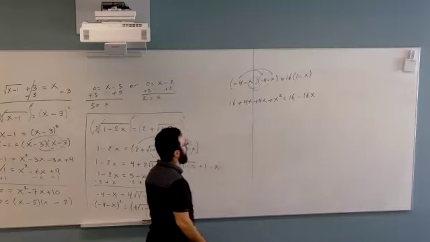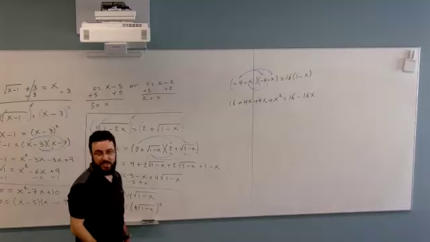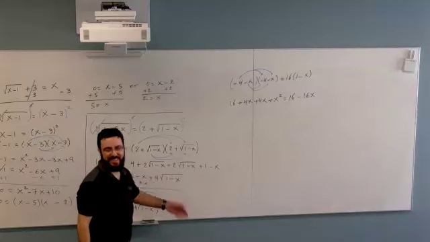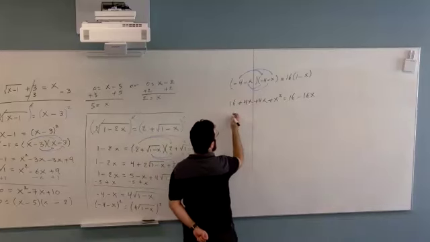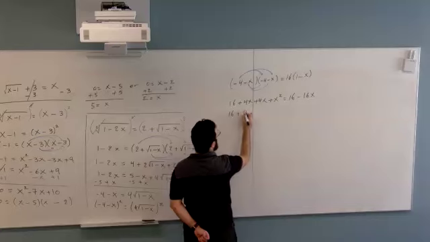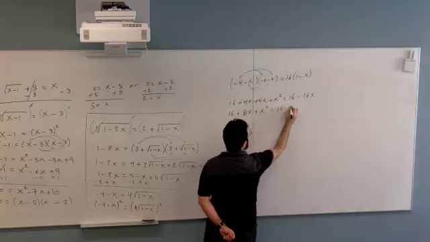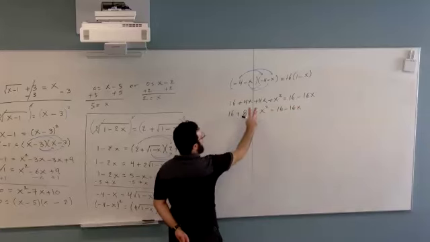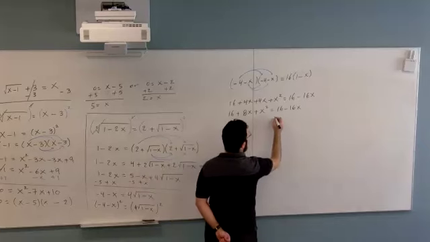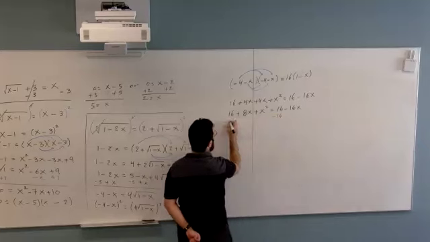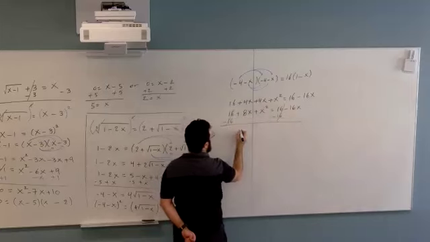Okay. Now what do you have to do next? Move everything to one side, or combine here. 16 plus 8x plus x squared equal what? I just combine these together and move everything to one side. You're going to say minus 16, right? Cancel from here, cancel from here.